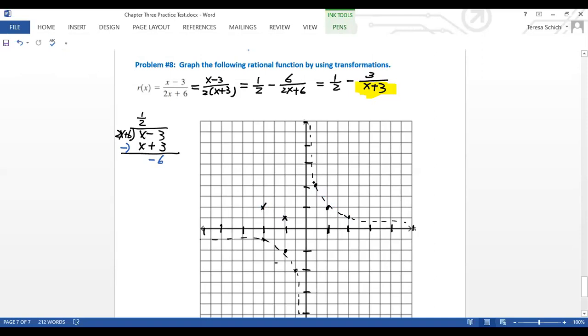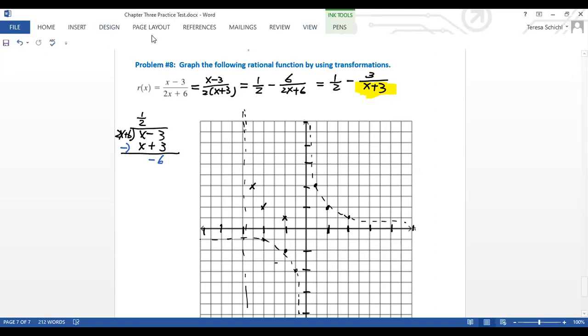This point is going to move 1, 2, 3 to here. And also, don't forget we said the vertical asymptote needs to move 3 also. So 1, 2, 3. So this is my new asymptote here. Okay, so now I move all these points here.